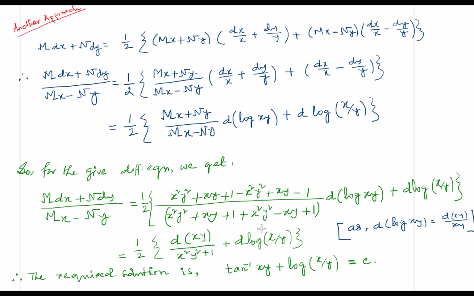You just try to do it yourself, how we can come from this line to this line, and the required solution will be tan inverse xy plus log x by y equal to constant.